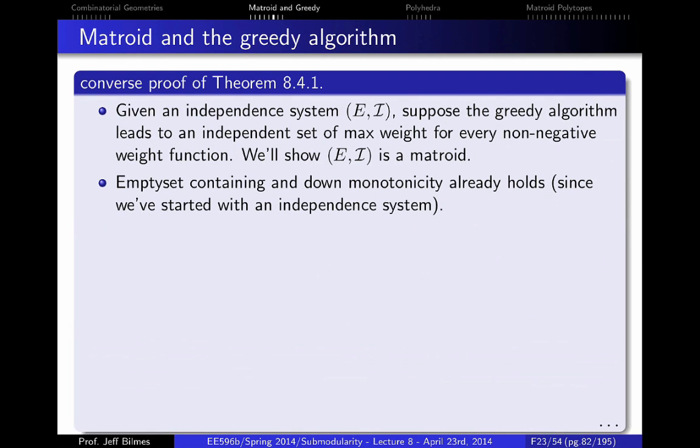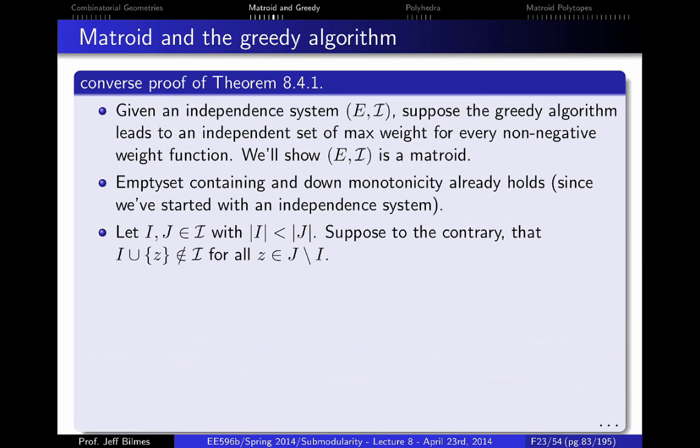So the independent set contains the empty set and is down monotone, since it's already a hereditary system, or an independent system. Now, let's say that we take any arbitrary I and J, which are independent, and let's say that I is smaller than J, and suppose that for all z that are in J but not in I, adding z to I violates independence.